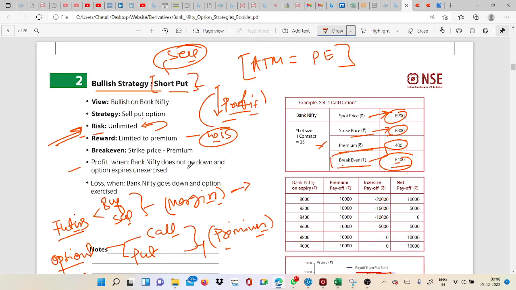Profit when the Bank Nifty does not go down and the option expires unexercised. Loss when the Bank Nifty goes down and the option is exercised. Short.